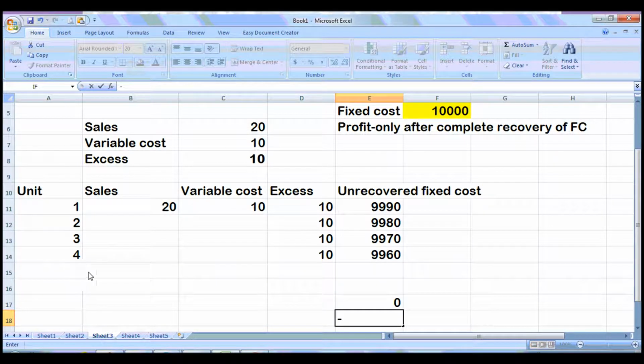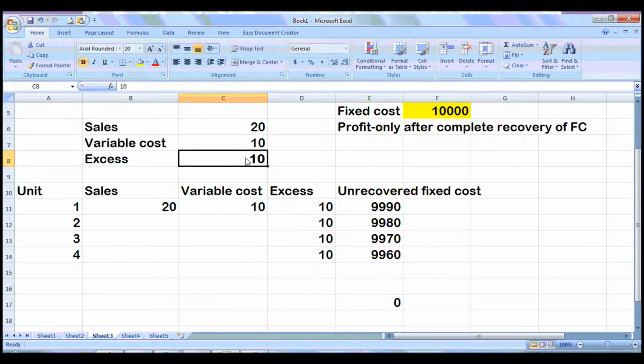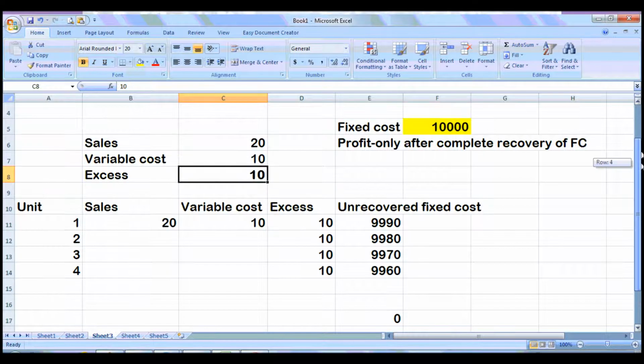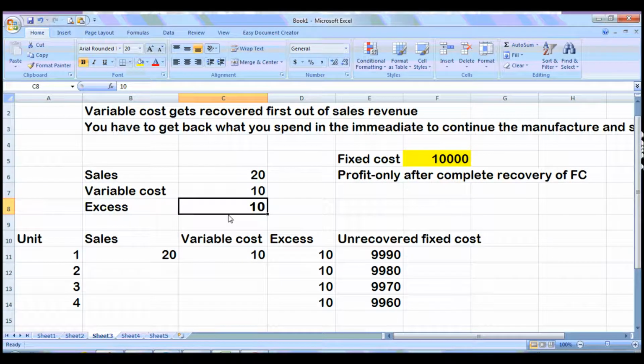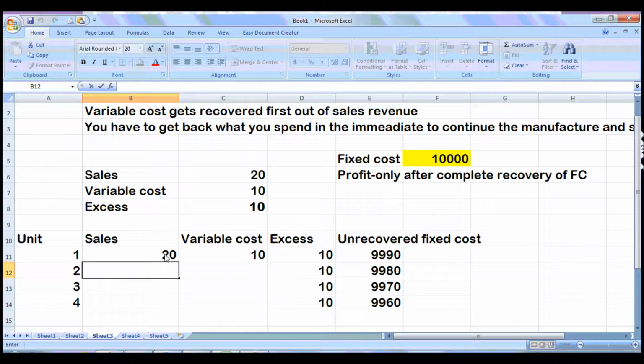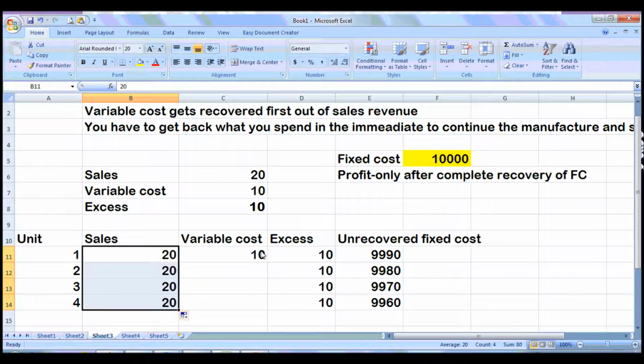So if you want to earn profit, you will have to recover the fixed cost on a unit by unit basis. You earn this 10 rupees per unit, and each unit goes on to recover the fixed cost. That is, each unit contributes to the recovery of fixed cost.